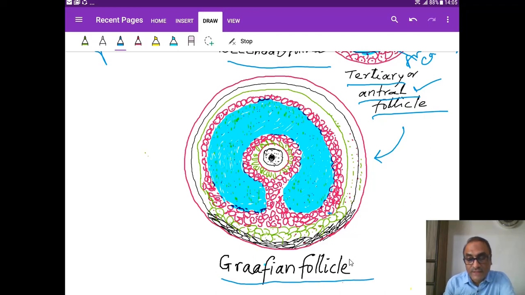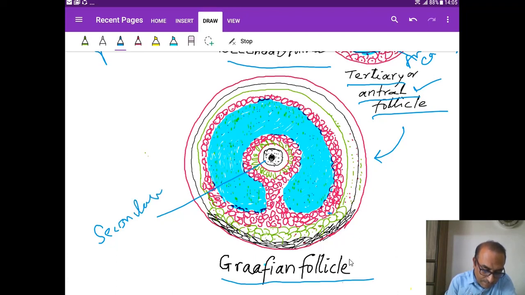Now look at the structure of the Graafian follicle. The secondary oocyte is at the center, surrounded by an area which is clear and non-cellular, called the zona pellucida.